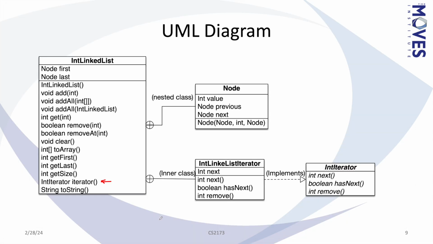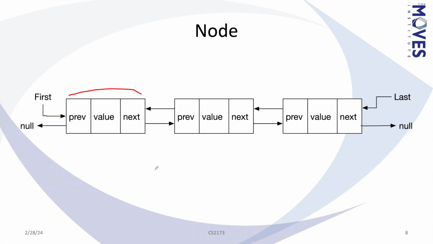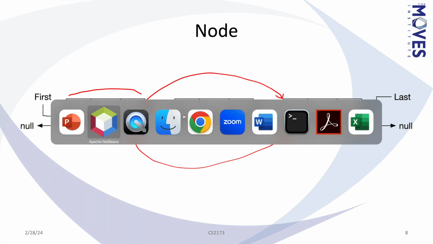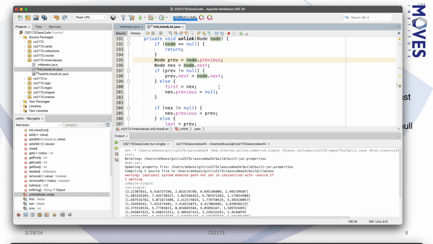Say I'm unlinking this node. I need to take this next and point it to him, and then take his previous and point it to him. And once I do that, then this node is gone. So that's basically what I'm doing here.